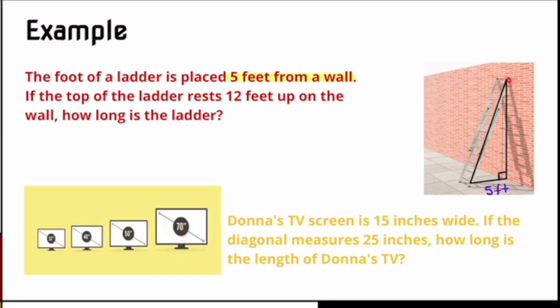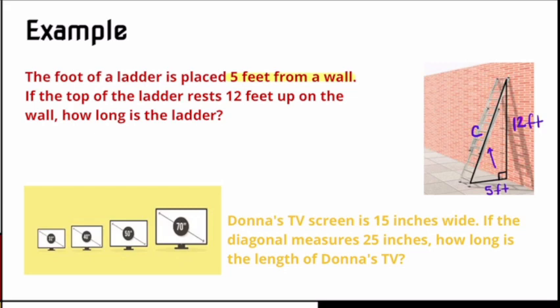So from the bottom of the wall to the top of the wall, the ladder rests 12 feet up there. So over here, this is going to be 12 feet. Okay, 12 feet. Now we're trying to find how long the ladder is, which is essentially this length right over here. Like I said, we know where our right angle is. What we're trying to find here is C.